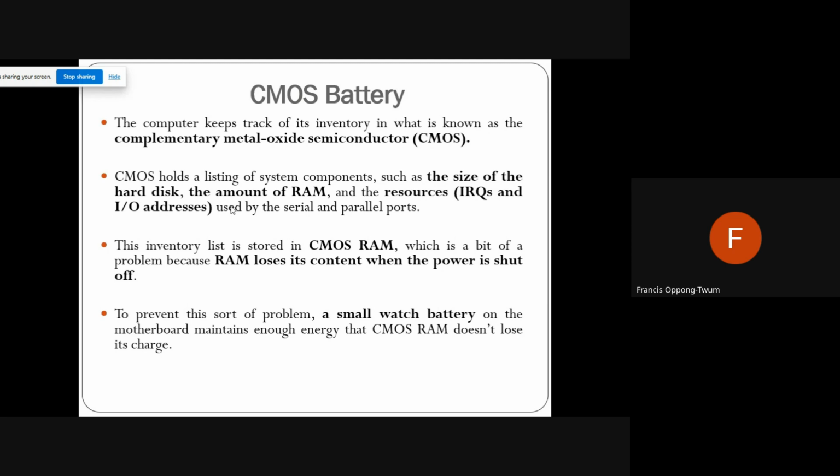which is a bit of a problem because RAM loses its content when the computer is shut off. To prevent this, a small watch battery, like a wristwatch battery, on the motherboard maintains enough energy that the CMOS RAM doesn't lose its charge.